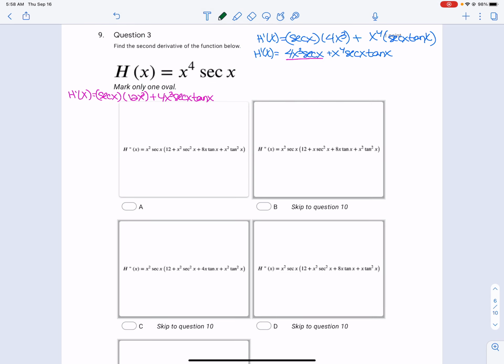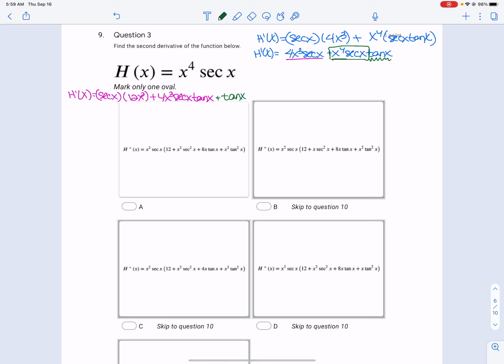Then when I do the derivative of the second part, I'm going to group them differently. So I'm going to group my x to the 4th secant of x, and then I'm going to group tangent of x. So then that way when I take the derivative of this x to the 4th secant of x, I'm going to use product rule there. So I copied down the second, so that's tangent of x.